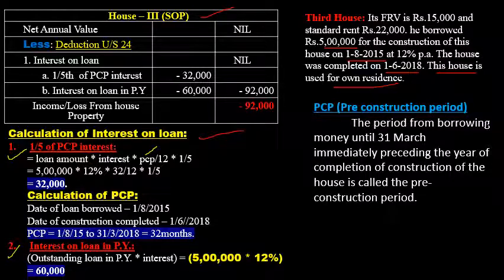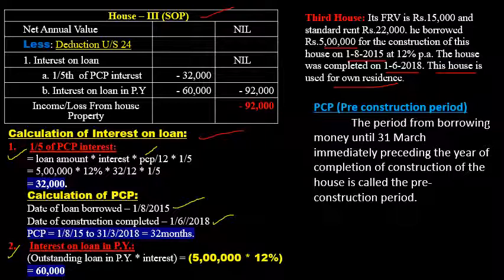In this problem, the date the loan was borrowed is 1st August 2015 and the date construction was completed is 1st June 2018. With the help of this, we have to find out the PCP.